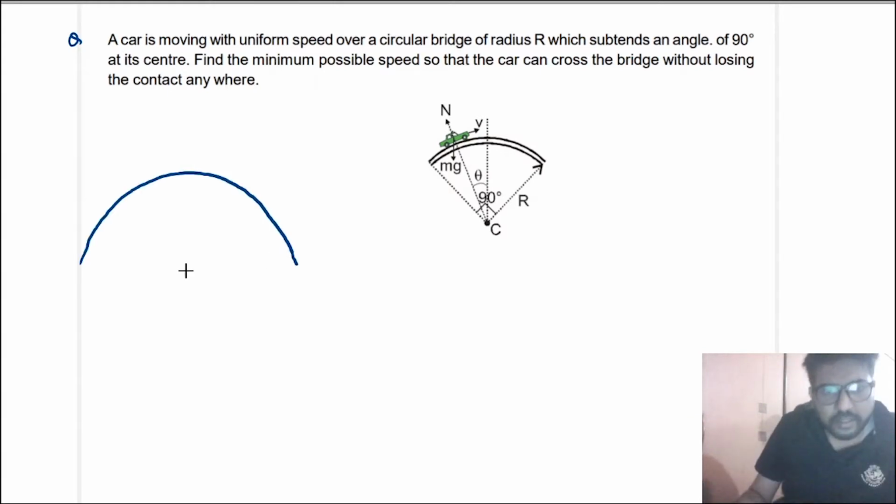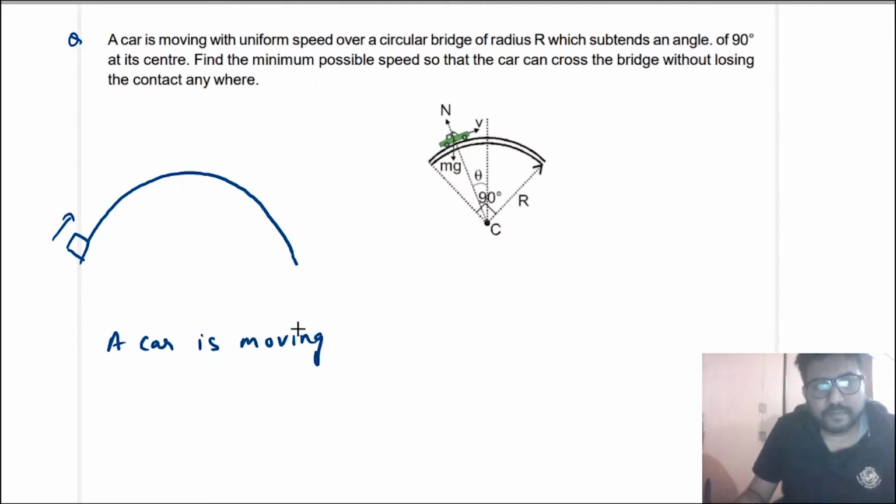Now if you look into this situation, suppose a car is moving with constant speed along this bridge.